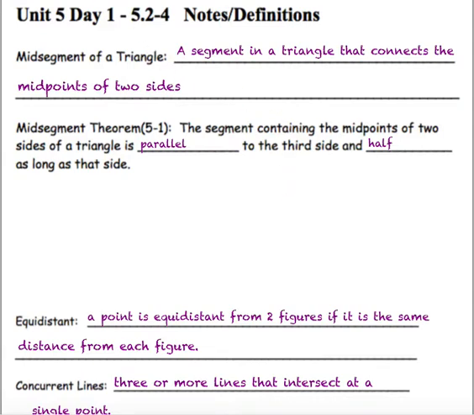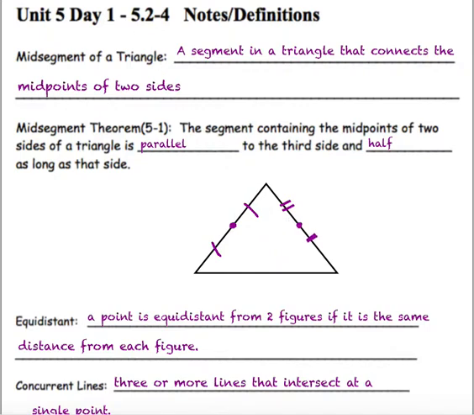So if we have a triangle, it can be any kind of triangle, and we have the midpoint of two sides of that triangle, say that this is the midpoint of this one and that this is the midpoint of this other one. And let me move that because it doesn't look like it's in a good spot.